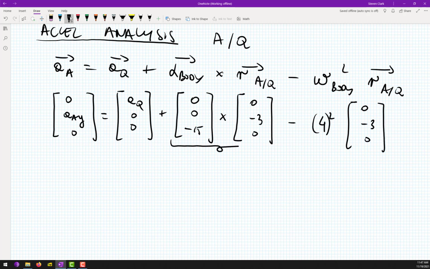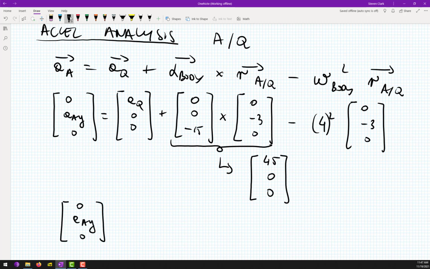If you do this determinant, you will obtain 45. So it's promising. 0, 0. And in here we'll end up with 0, a_AY, 0, and this is equal to a_Q plus 45. Oh, minus 45, yes? Minus 45. Sorry, guys. And in here we'll end up with 48.